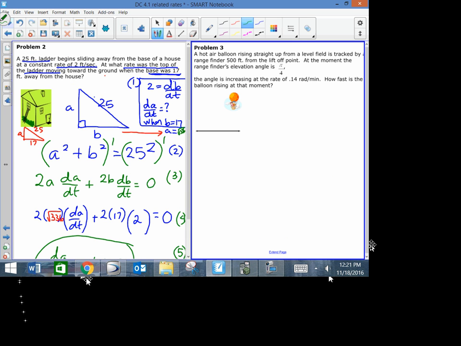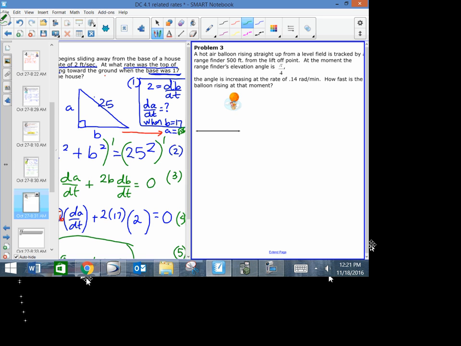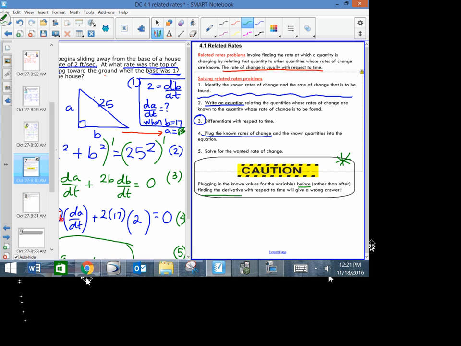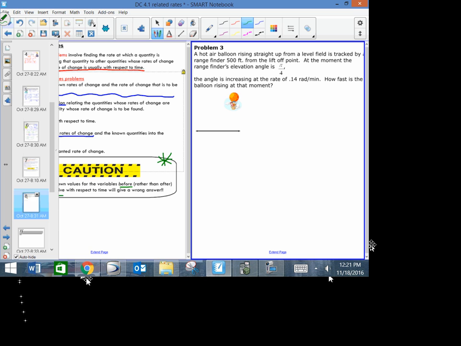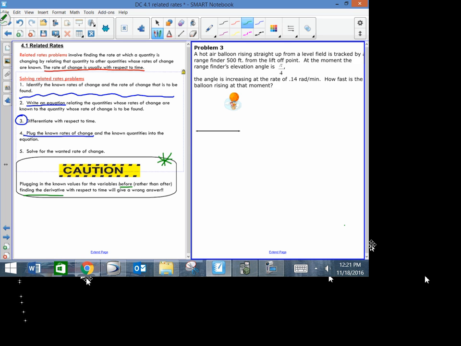Let's try this one. The biggest deal for these are finding the relationship and figuring out your variables. The rest of it really will be easy. Okay.